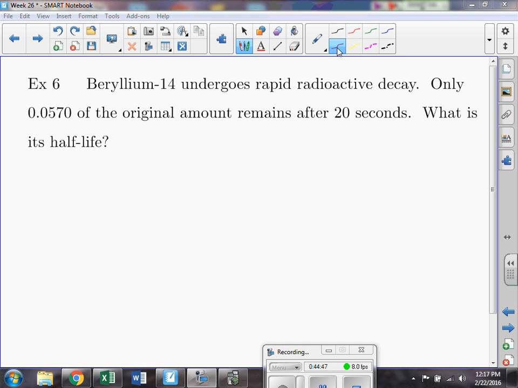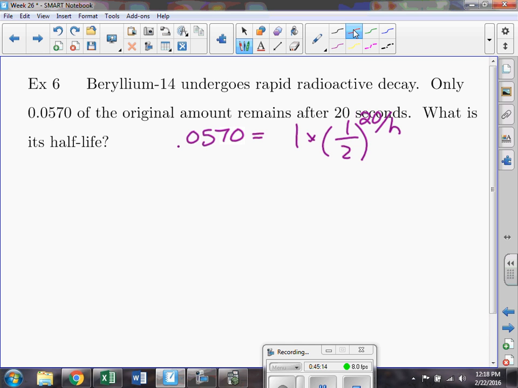Okay, we have the amount in the future based on the original amount of 1, with a half-life of h. That's what we're looking for. And our time in the future was 20 seconds. So once again, we've built the model.